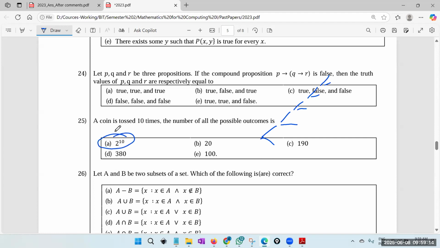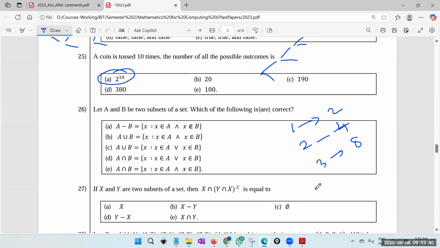Use your common sense. If it is 1 time, you have 2 possibilities. 2 times, you have 4 possibilities, something like this: 1, 2, 3, 4. 3 times, another 2: 1, 2, 3, 4, 5, 6, 7, 8. Now look at the pattern.